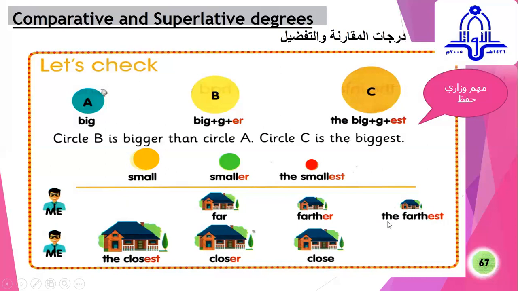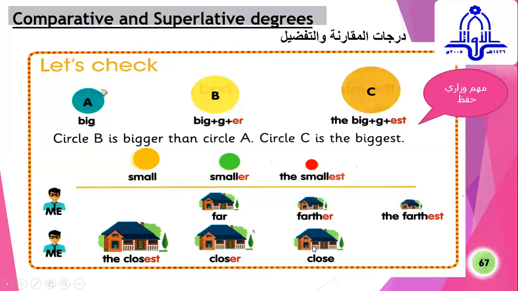But this one is the farthest. الأبعد. Far بعيد. Farther أبعد. The farthest الأبعد. إذا لاحظوا عندي مع درجة التفضيل أستعمل the. لكن مع درجة المقارنة أستعمل than. So we have far, farther, the farthest.